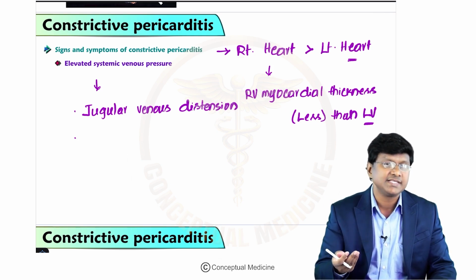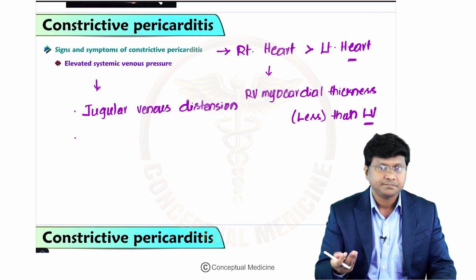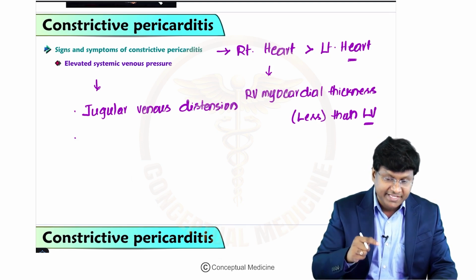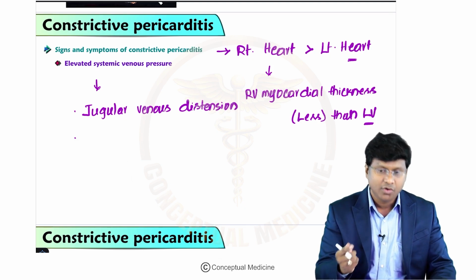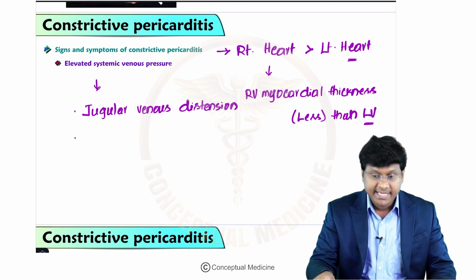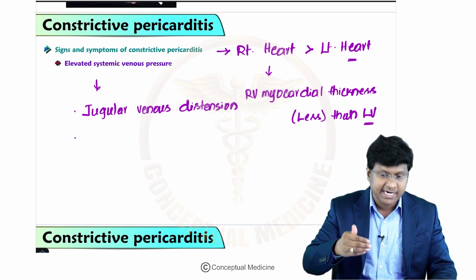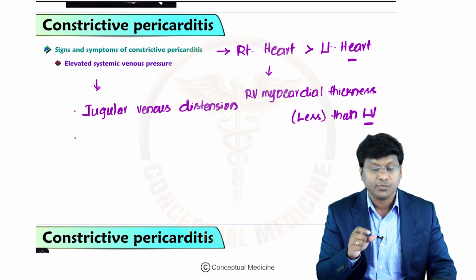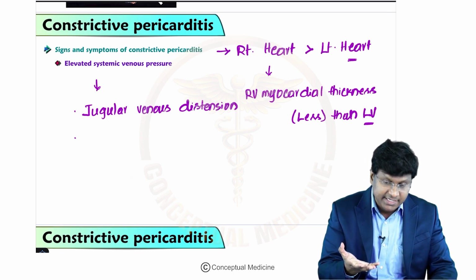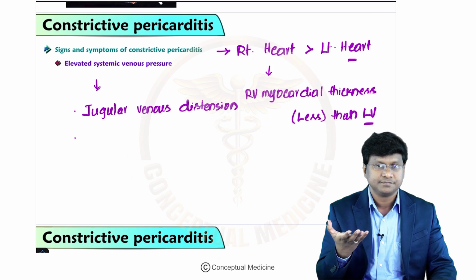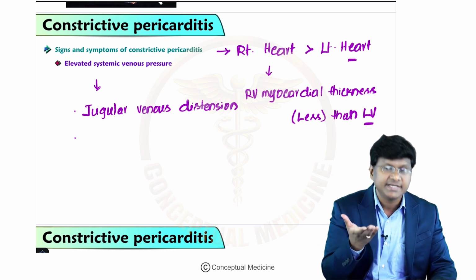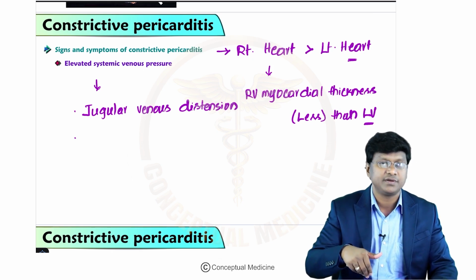And once there is increase in the IVC pressure, the veins which are draining into the IVC, their pressure also increases. Like for example, you take hepatic veins. In fact, the hepatic veins are the first veins which will face that increased right atrial pressure through the inferior vena cava.